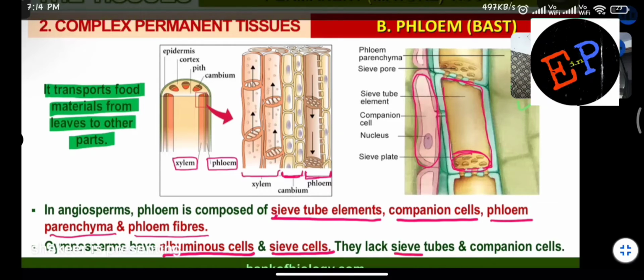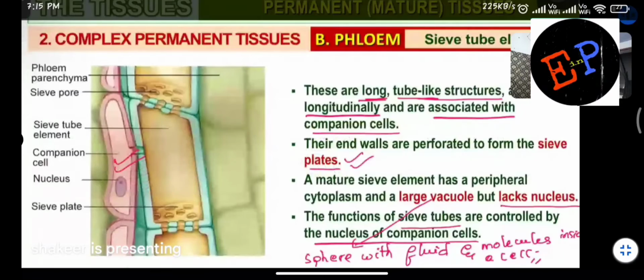These lack sieve tubes and companion cells. So sieve tubes and companion cells are absent in gymnosperms. This is one difference which you should remember. Now let us study each of them in detail.